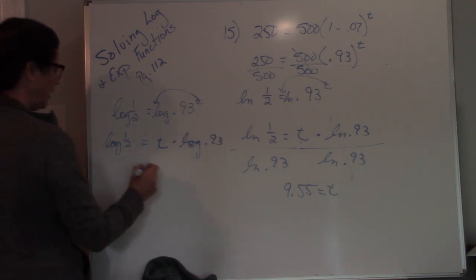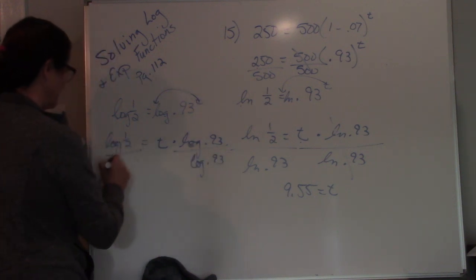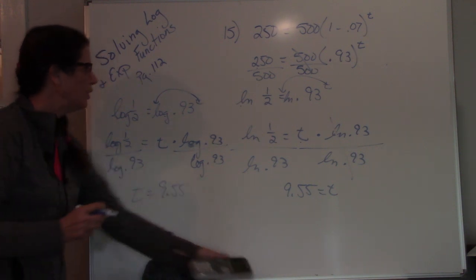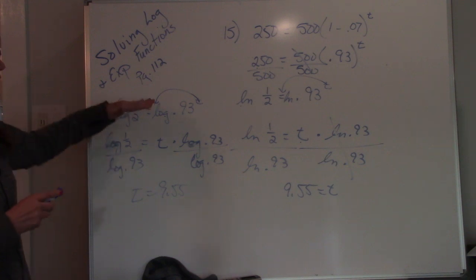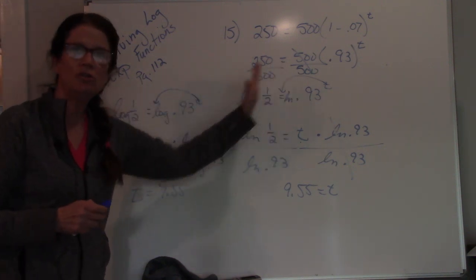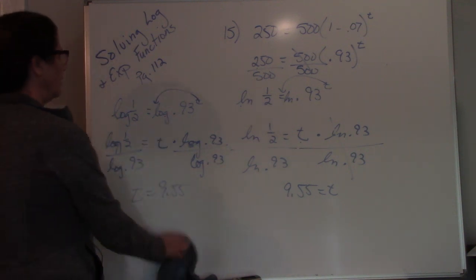We're dividing both sides by log 0.93, and you get t equals 9.55. So it really does not matter whether you log or ln, just be consistent. Do whatever you do to both sides of the equal sign, and your function will solve.